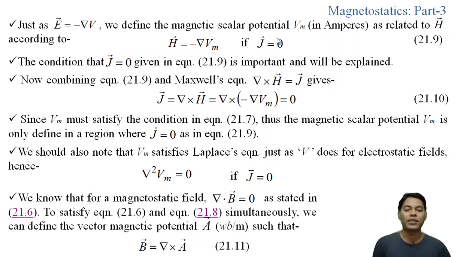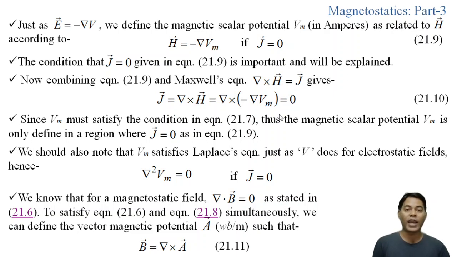To explain this, again we consider Maxwell's equation, grad cross H equals J. If we put H equals minus grad Vm, then del cross H equals del cross of minus grad Vm, which equals 0.